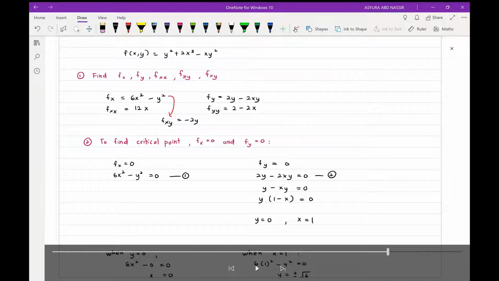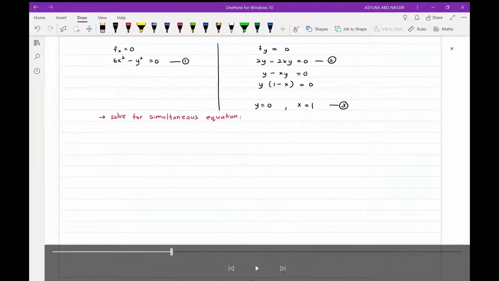Now what happens with the solutions from the second equation? The solutions from the second equation will be written as the third equation. In this case, you have to solve the simultaneous equations.